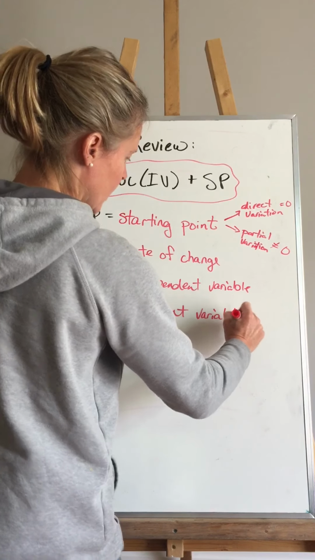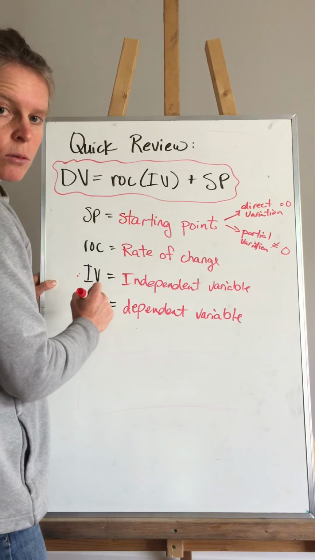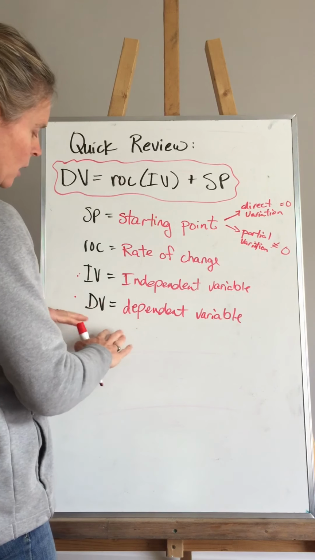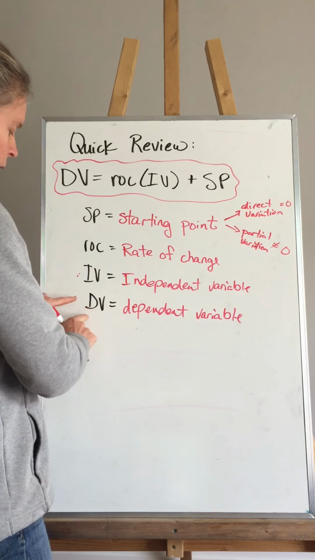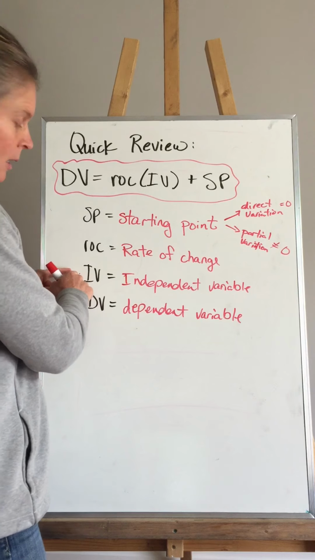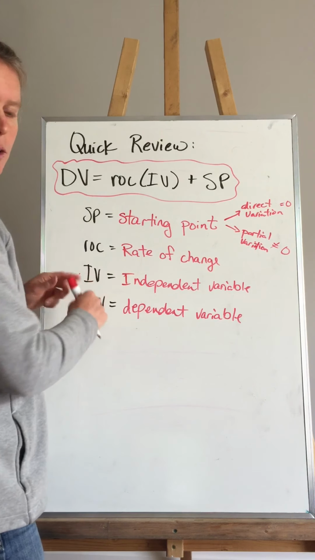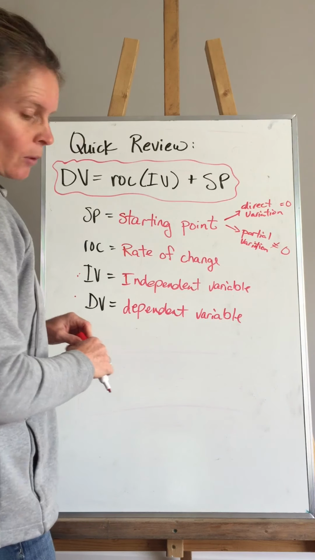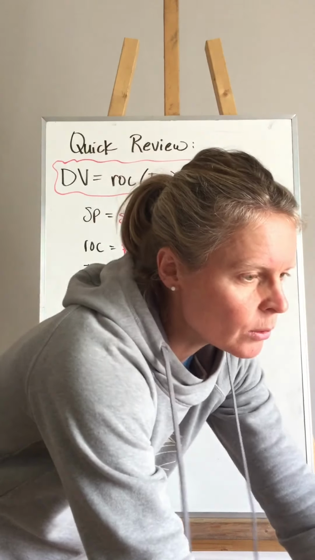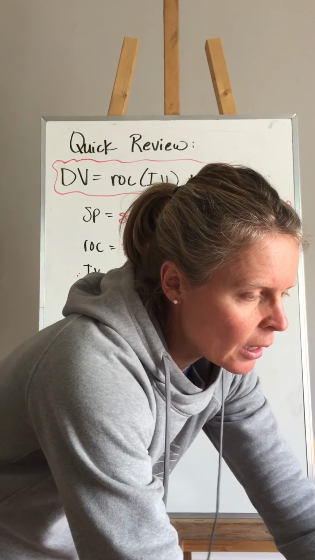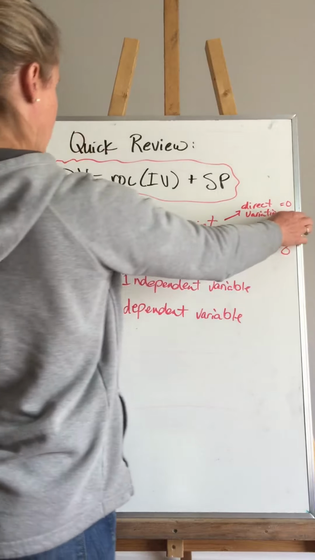It's important to be able to differentiate between the two. Sometimes saying it out loud helps: the dependent variable depends on, or is affected by, the independent variable. Okay, so I will do two questions from last week's worksheet.